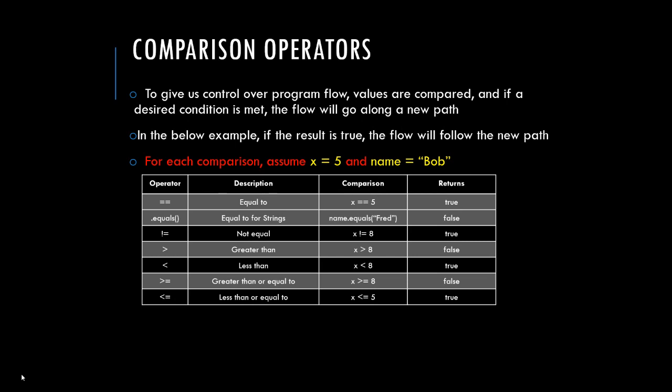We can also include the equal sign so that it can be greater than or equal to. So x greater than or equal to 8 is false, and x less than or equal to 5, since it is equal to 5, would be true.